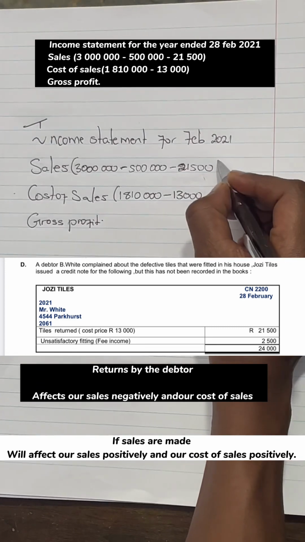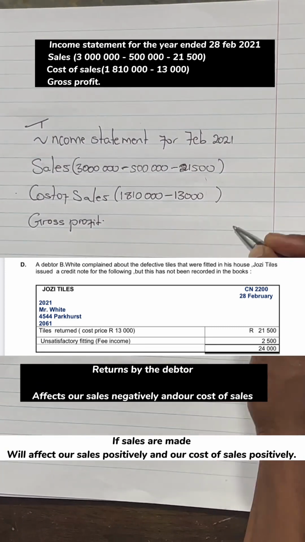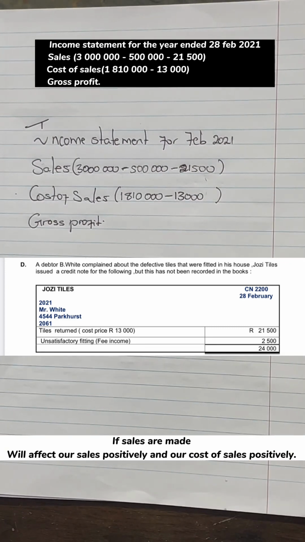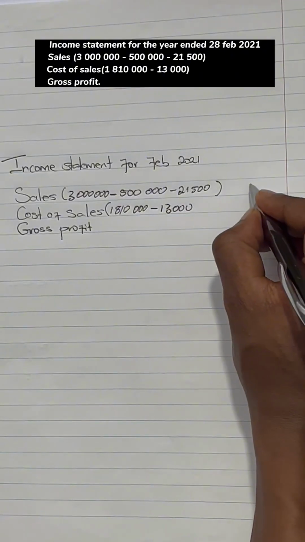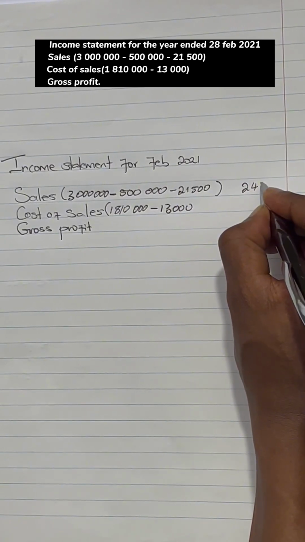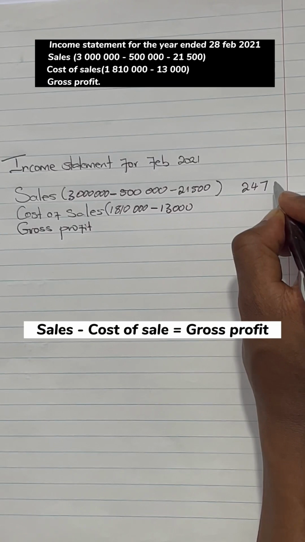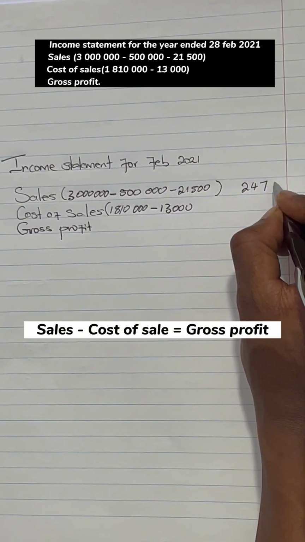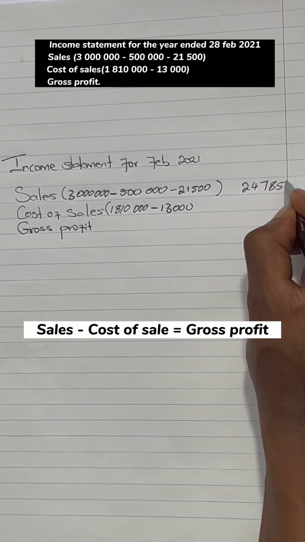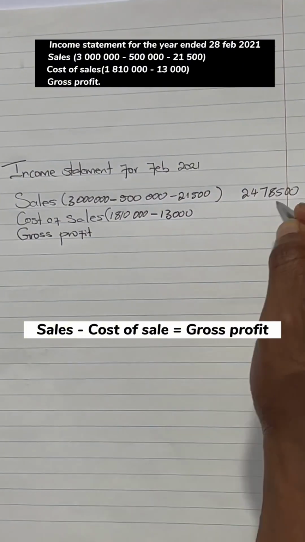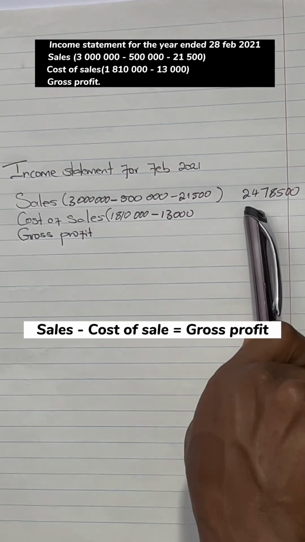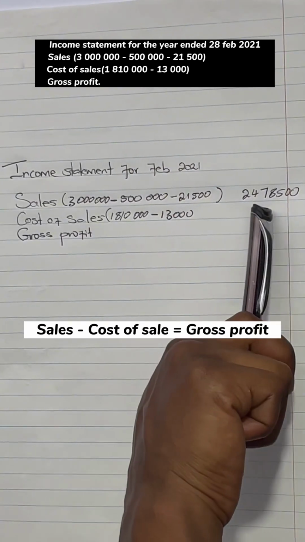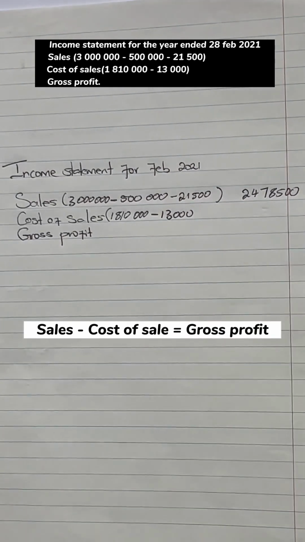And then we can add everything there, and we have our final amount of 2,478,500.